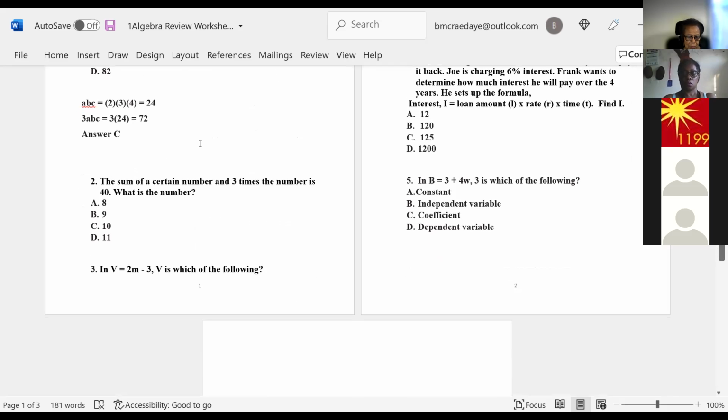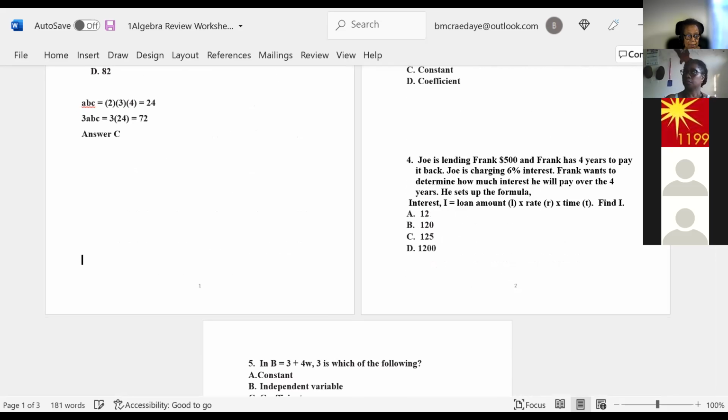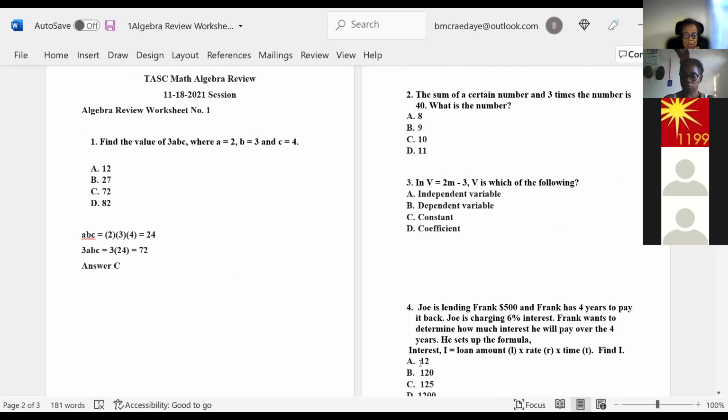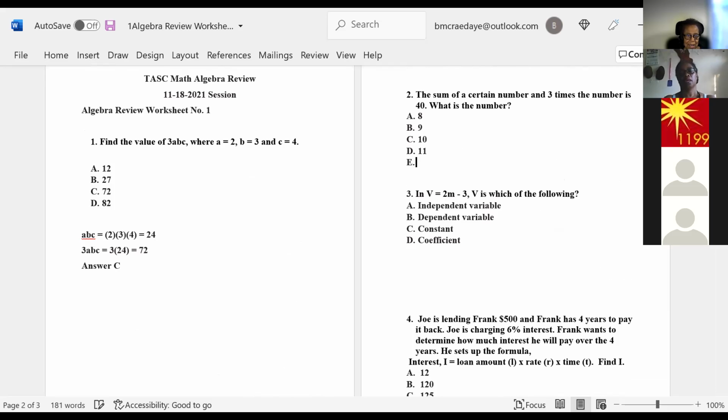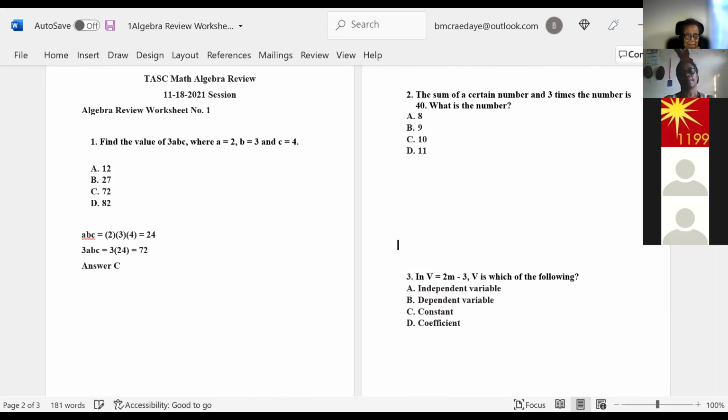And this one I'm going to put over on the next page. The sum of a certain number and 3 times the number is 40. What is the number? Sum means we add, times means we multiply, is means equal.